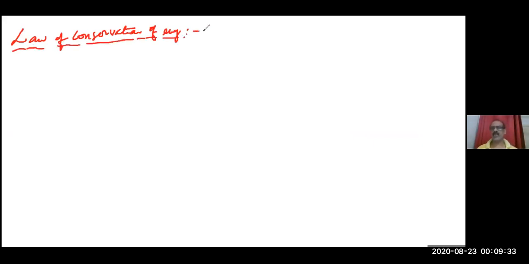Next one, law of conservation of energy. This we have already studied.